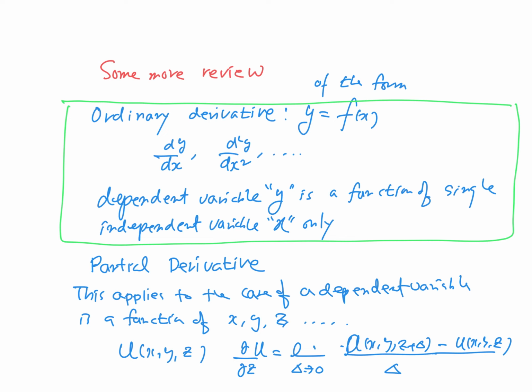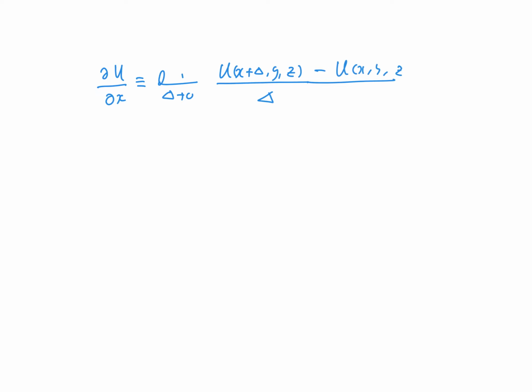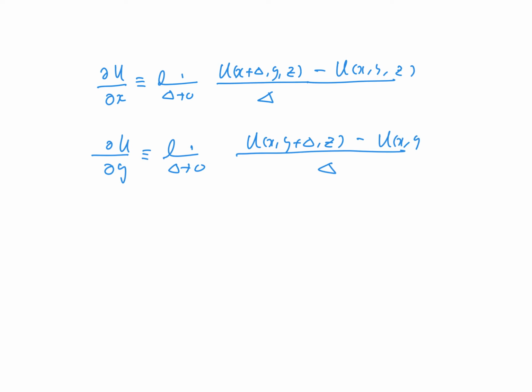And likewise, partial u partial x is defined as the limit as delta goes to 0 of u(x plus delta, y, z) minus u(x, y, z), over delta, and partial u partial y is the same, the limit as delta goes to 0 of u(x, y plus delta, z) minus u(x, y, z), over delta.